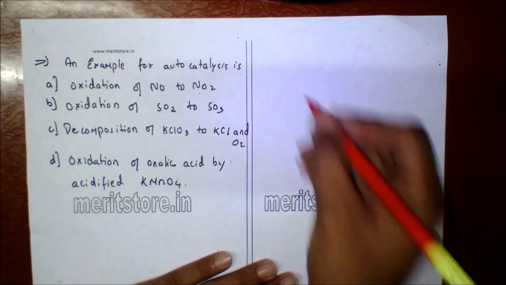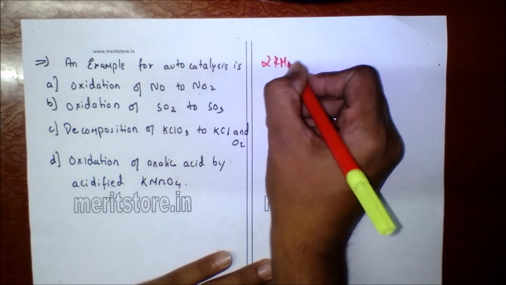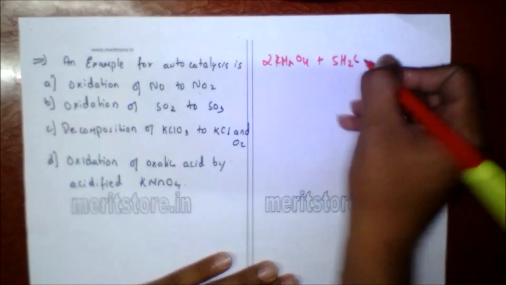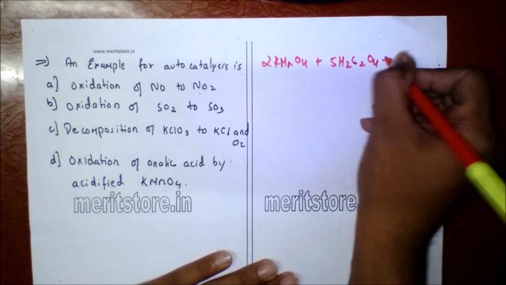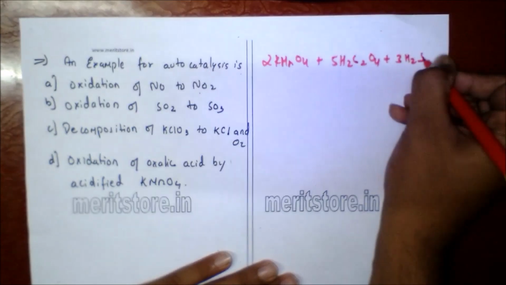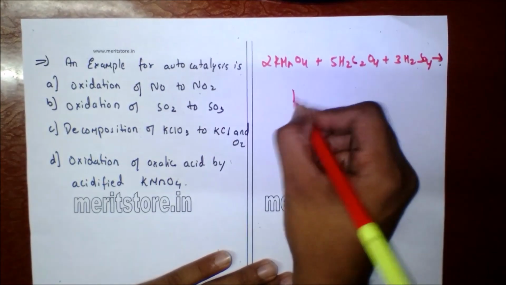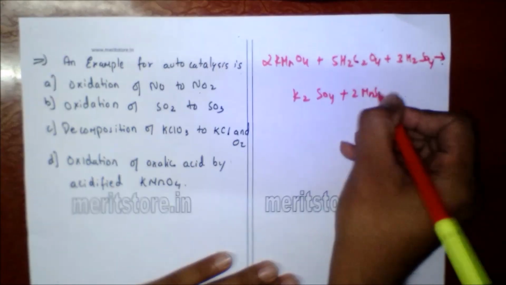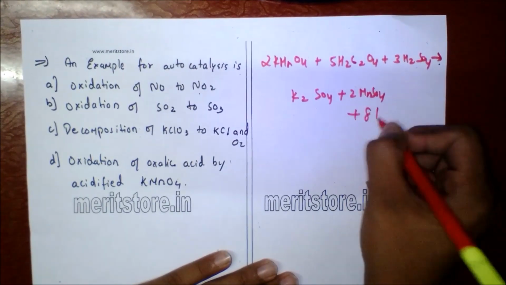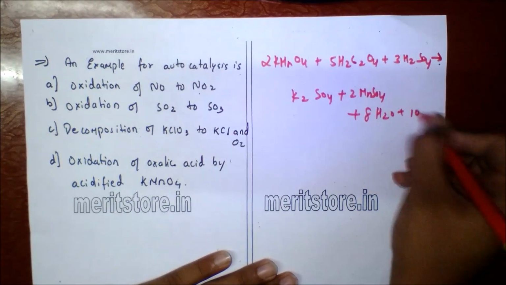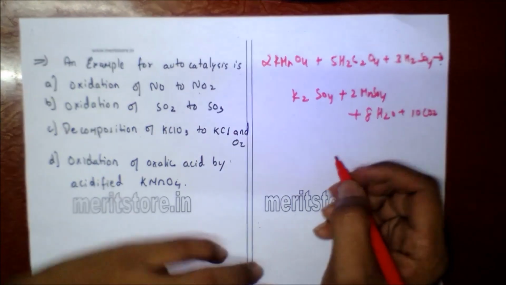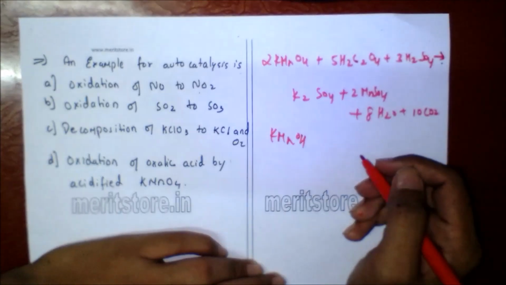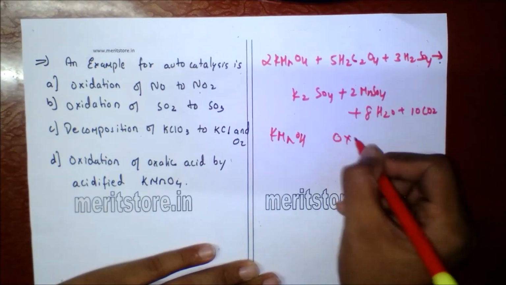Now, if we consider the following reaction, here the pink color of the KMnO4 slowly disappears on treating it with oxalic acid.